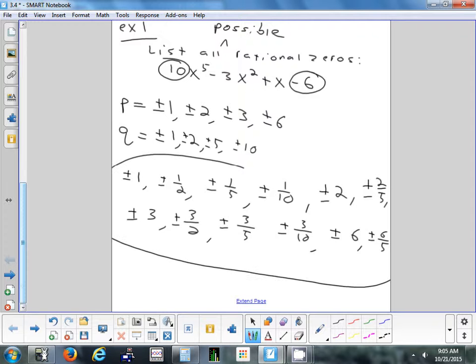So, if there's a rational root in this problem, okay, if there's a root you can write as a fraction, I guarantee you it's one of these. It has to be. Okay. So this gives us a list of possibilities. How do we narrow it down further? Graph it. Okay.